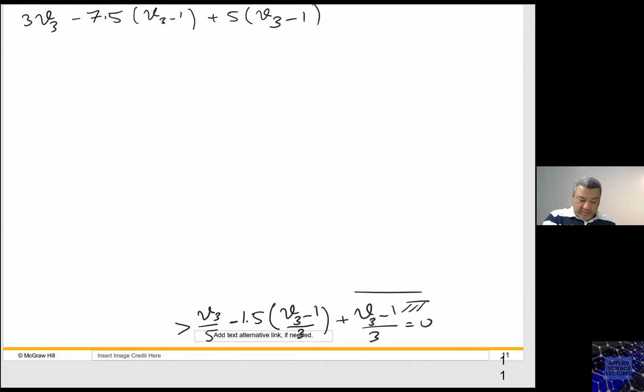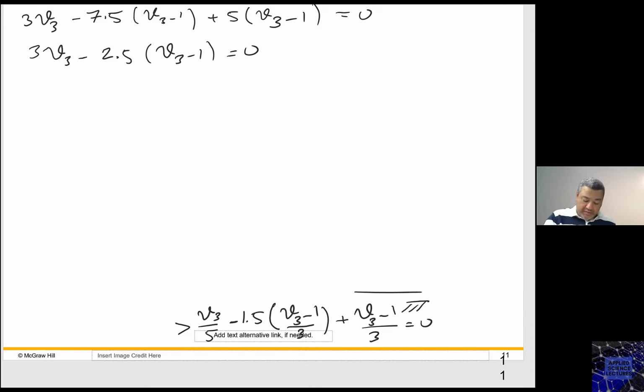Notice it is the same V3 minus 1. This is going to result in minus 2.5 (V3 minus 1) equals 0, right? Because 5 minus 7.5 plus 5 of (V3 minus 1) gives you minus 2.5 (V3 minus 1).